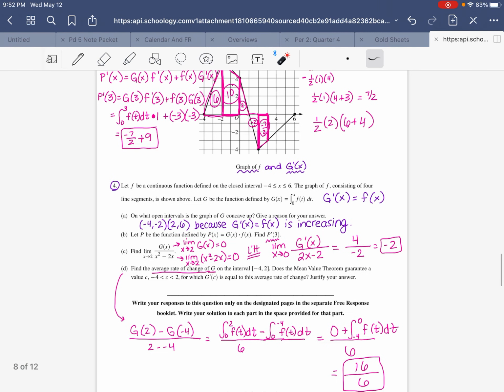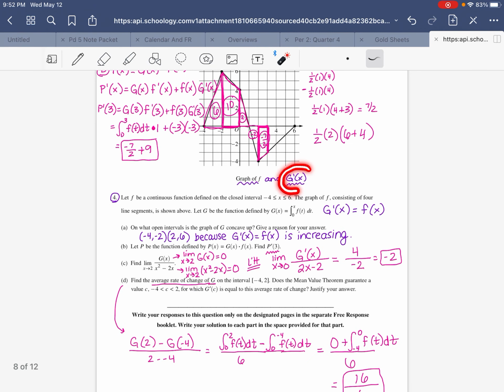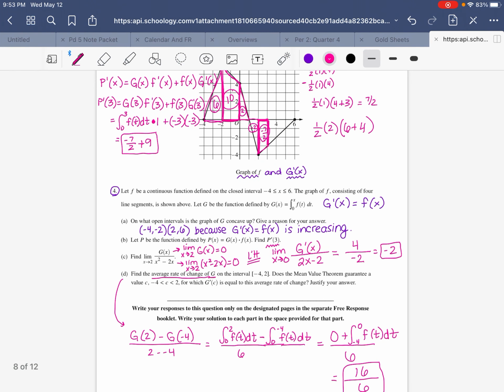So I'm going to go up and look at my graph. This is the graph of G prime. Well, since this graph of G prime is defined everywhere, there's no holes, no asymptotes, no jumps. Since G prime is defined everywhere, I can make a statement that says G of X is differentiable. And I know that because the derivative was defined everywhere.